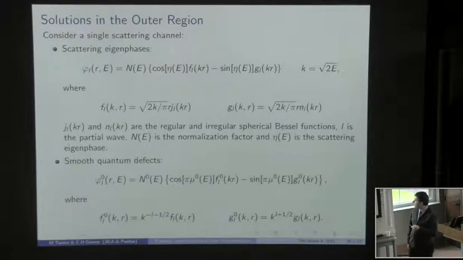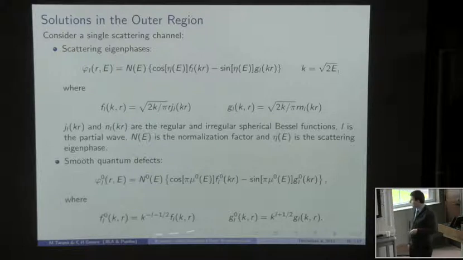So what we usually do is that the solution in the asymptotic region can be parametrized using the eigenphases that determine the linear combination of the regular and irregular spherical Bessel functions.